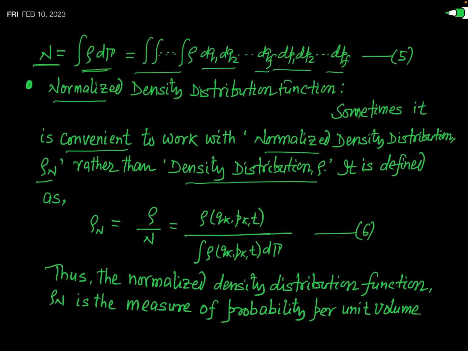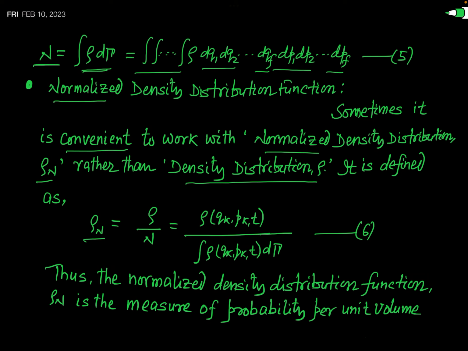But before using this normalized density distribution function in a particular physical situation, first of all we are going to define it. Actually, this normalized density distribution function is denoted by the symbol rho n.